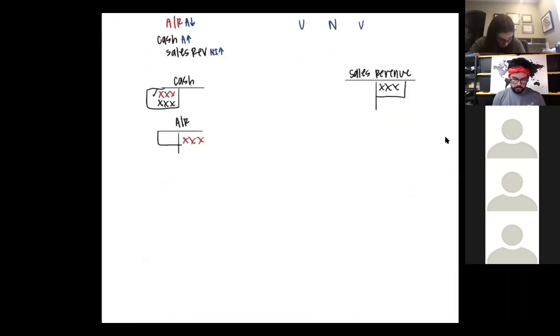Number 24. Someone want to do this one? No? Okay, I'll do it. Alpha failed to record the return of inventory to the vendor for cash. Assume the use of periodic inventory system. So they did not record the return of inventory.